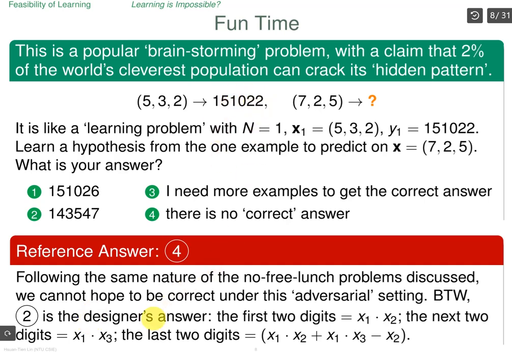And then 22, the last 2 digits, could be explained with the following simple formula: x1 times x2 plus x1 times x3 minus x2, which will give us 22. We can also come up with different formulas that may give us the following answer. Or you can also say, I need more examples to get the correct answer. Well, the no free lunch theorem again states there is no way to prove that there is one unique answer to this problem.